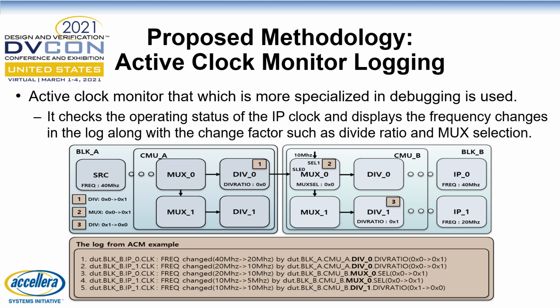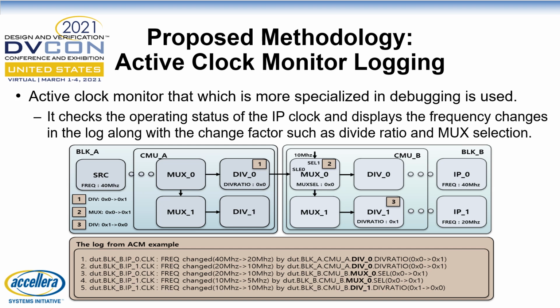The figure in this slide simply shows the behavior of the active clock monitor. Actually, the clock monitor can be used in general for clock verification for the purpose of a checker or debugging. But the active clock monitor is more specialized in debugging. It always checks the IP clock frequency and status of CMU component values.